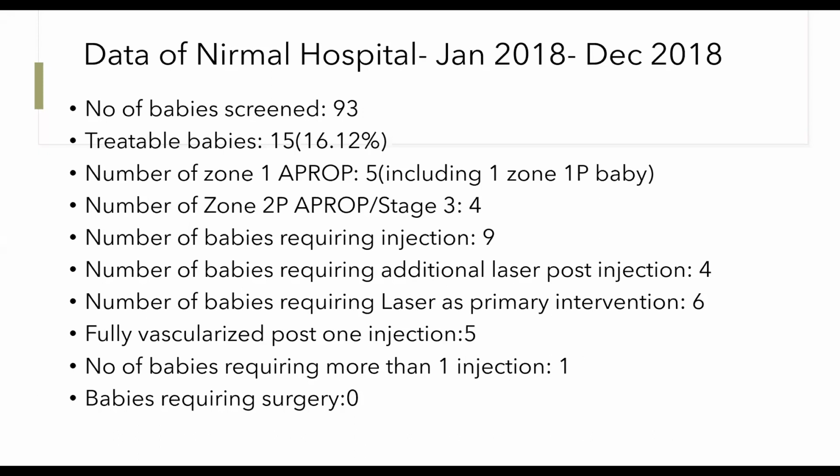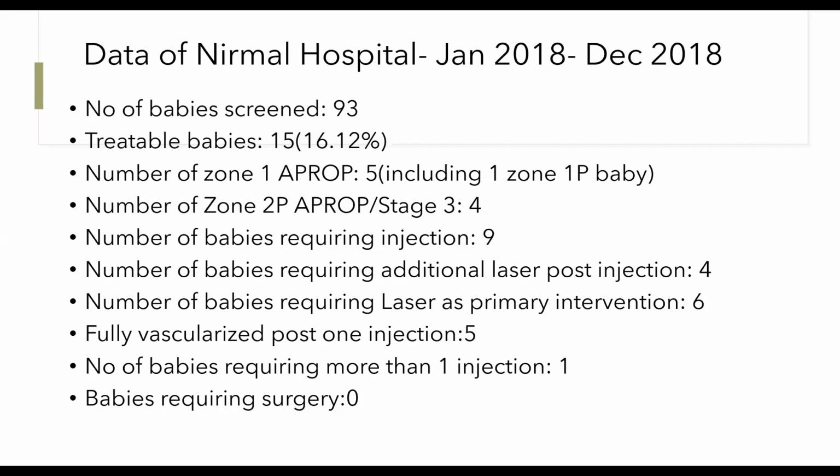Okay? The number of babies with a zone 2 APROP or stage 3 in the zone 2 posterior was almost 4. The number of babies whom we injected was 9.